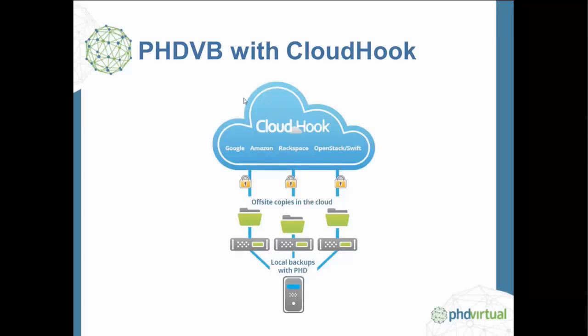This gives you added redundancy. If you lose the entire data center or the storage housing your backups, you have that data protected off-site in the cloud, which then allows you to recover your systems fully. This comes back to the fact that once you virtualize, it makes things a lot easier. CloudHook allows you to extend the capabilities beyond just the on-premise housing of backups.